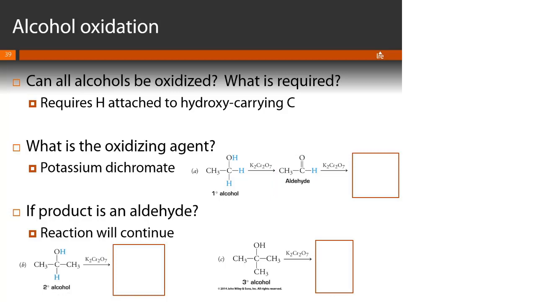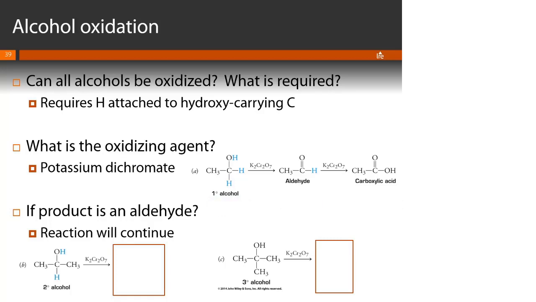And like I said earlier, when you have an aldehyde as your initial product, the reaction is going to continue, and that aldehyde is going to be immediately oxidized further into a carboxylic acid. So a primary alcohol will be oxidized into an aldehyde and then a carboxylic acid.